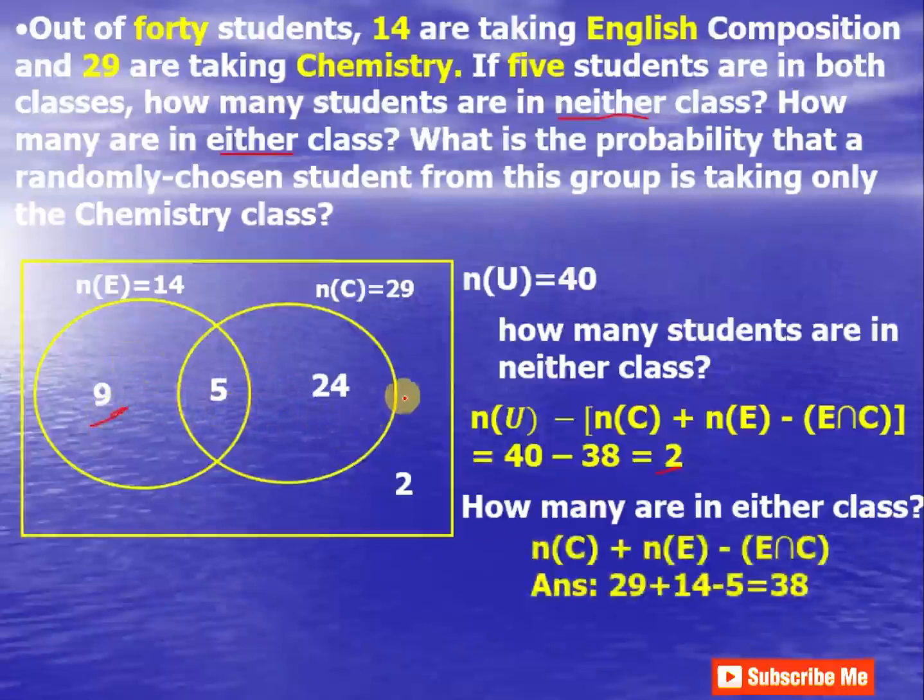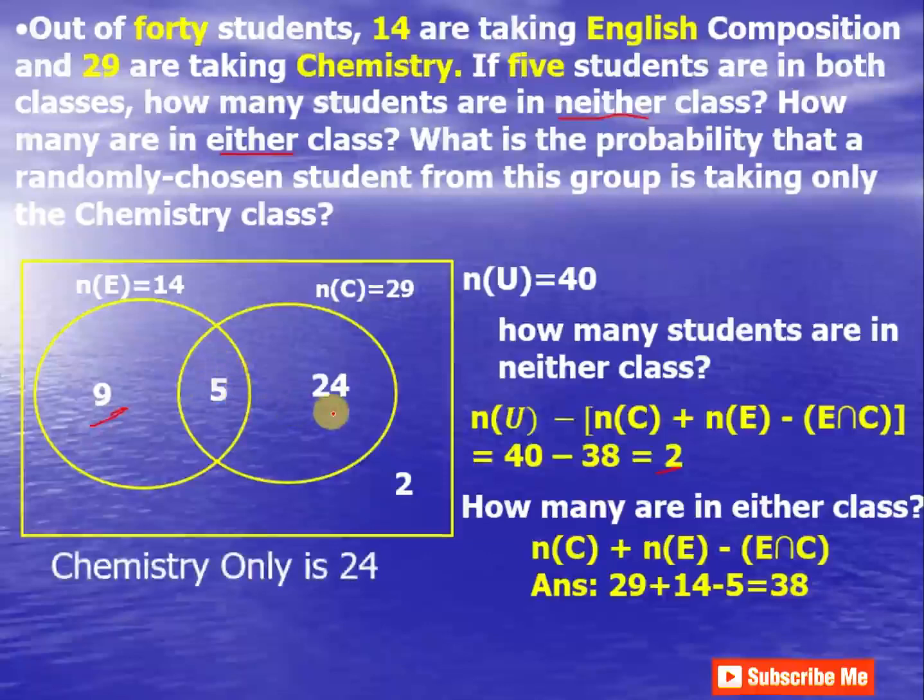Which is just like taking this plus this, which means this one is doubling up. So I subtract the 5 out, leaving 38. Or just take 9 plus 5 plus 24, which is still 38, because you are looking for those who are in this circle and this circle.